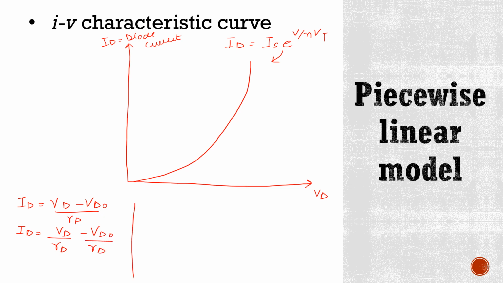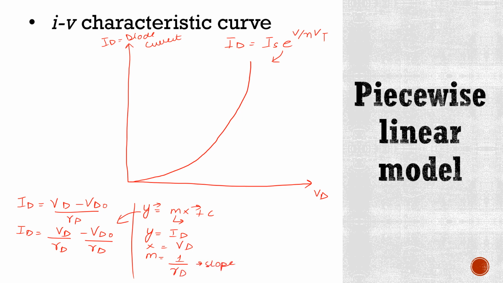We know that the formula of a straight line is y is equal to mx plus c, where y is the y-axis variable, x is the x-axis variable, and m is the slope. So if we compare these two equations, we can write it like this: y is equal to Id, x is equal to Vd, and m is equal to 1 upon Rd.